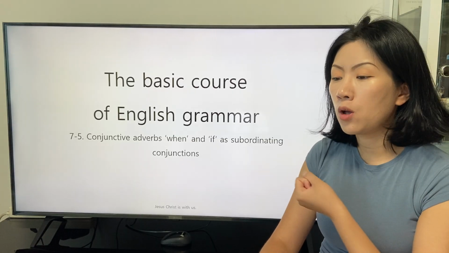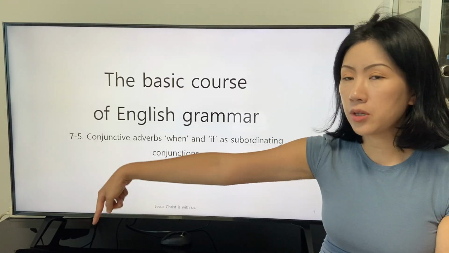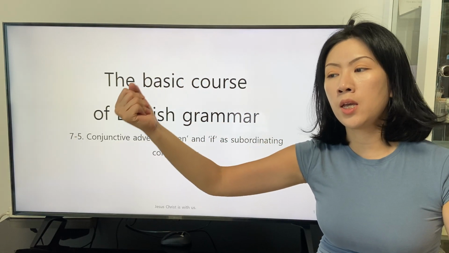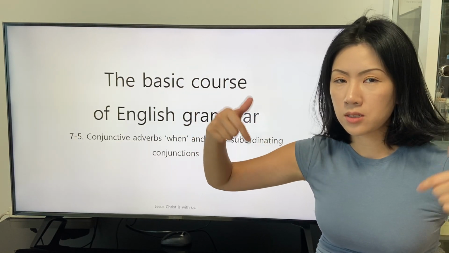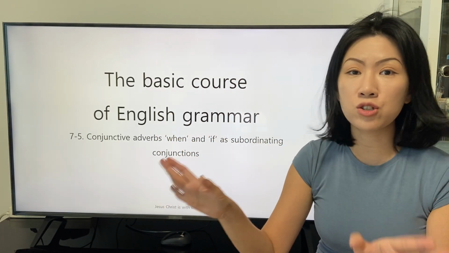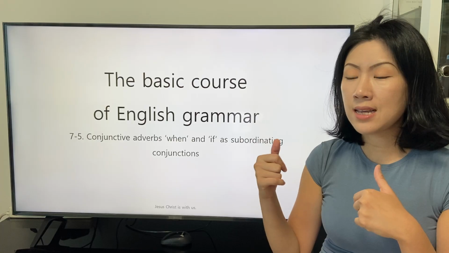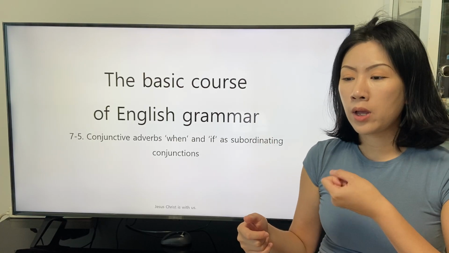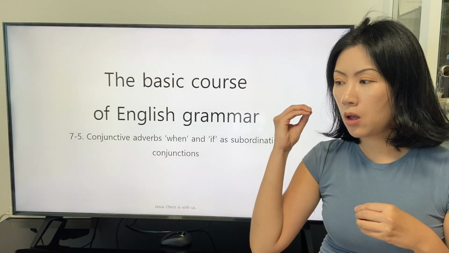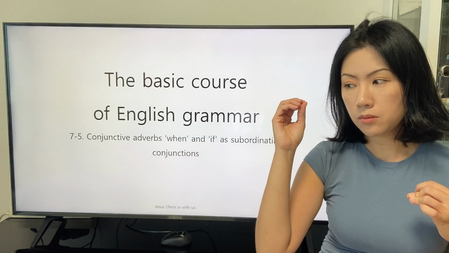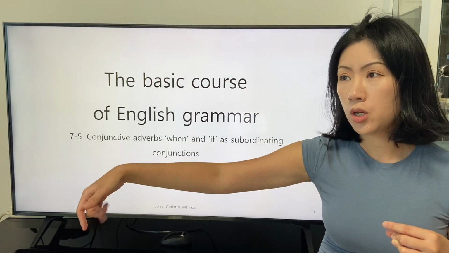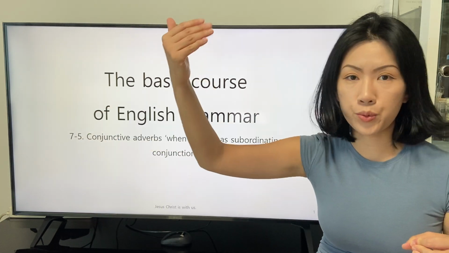Like when I open the door, a bird flies. Something like that. When we get deeper to reveal the logical relationship, we can say something more like this. When I close the door, the sound surprises the bird, so the bird flew.